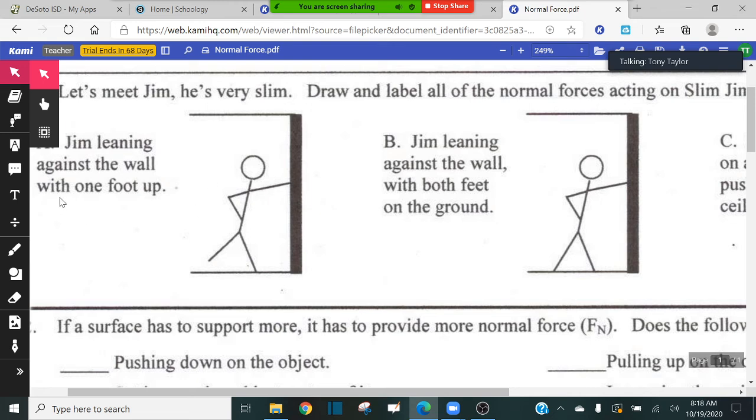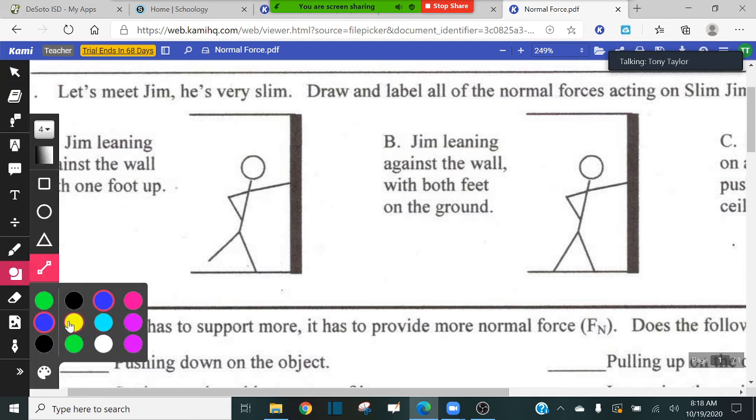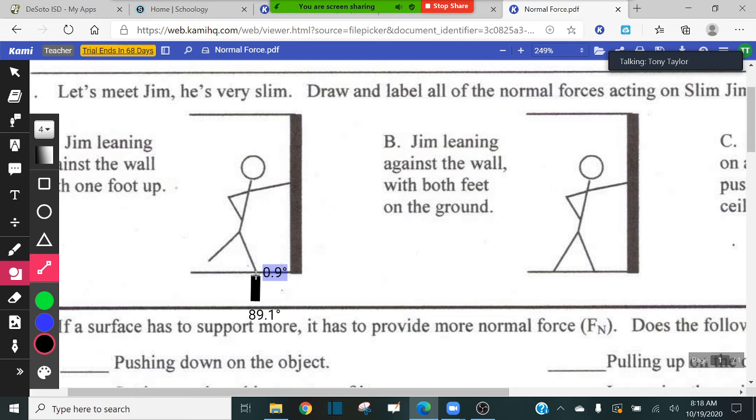And guys, in what direction do they act? Well, think logically here. If Jim's foot is pushing down on the floor, that means the floor itself must be pushing upward on Jim, right?